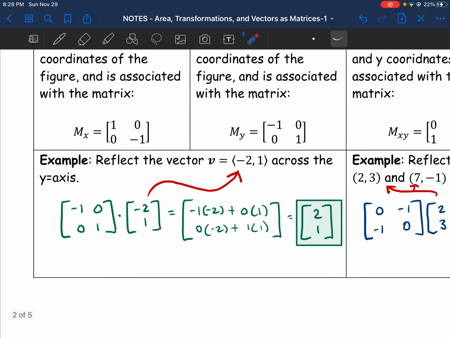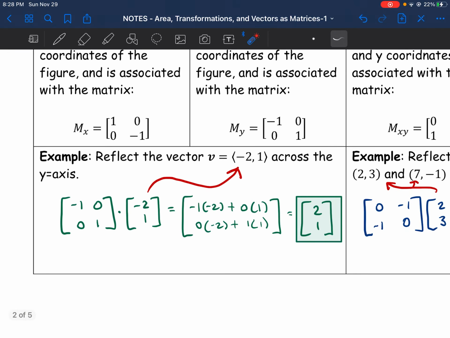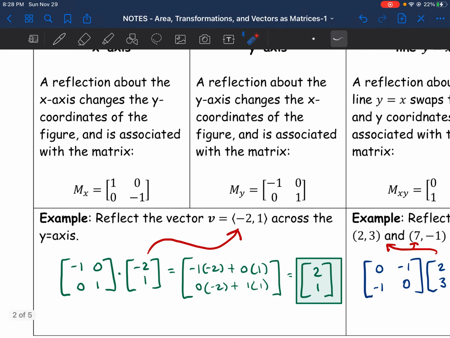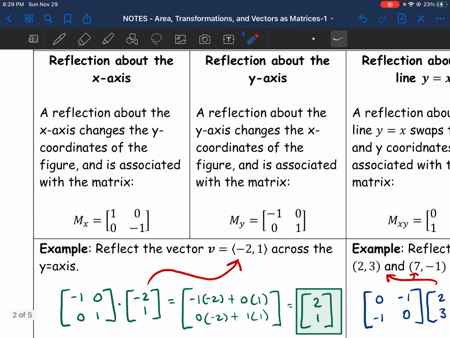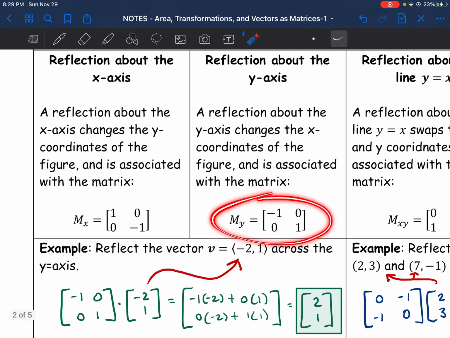Okay, so let's take a look at 2 examples. We want to reflect the vector v, which has a horizontal component negative 2, vertical component 1, across the y-axis. Well, negative 2, 1, if I represent it as a matrix, is this 2 by 1 matrix right here. And we want to reflect across the y-axis, so we need to use this transformation matrix.